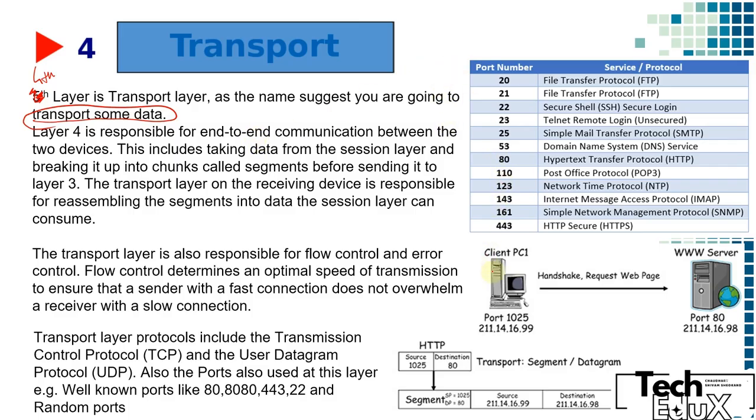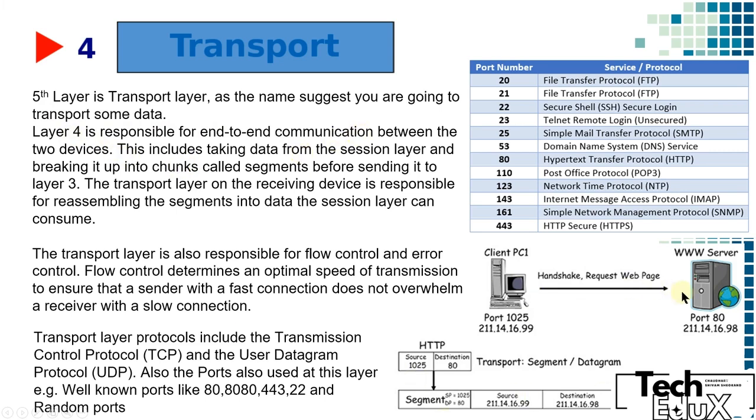For example, this is my client PC, this is my server PC. If I want to transfer some file to this server or vice versa, we are working at the transport layer of the OSI model. Layer 4 is responsible for end-to-end communication between the two devices.